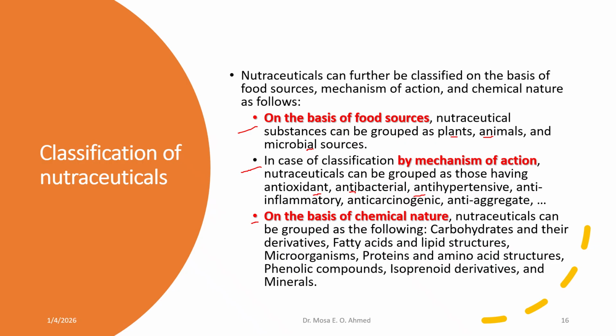And based on chemical nature, they can be classified into carbohydrates and their derivatives, fatty acid and lipid structure, microorganisms, protein and amino acid structure, phenolic compounds, isoprenoid derivatives, and minerals.